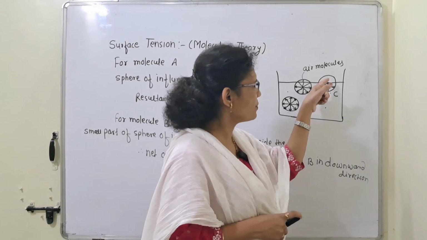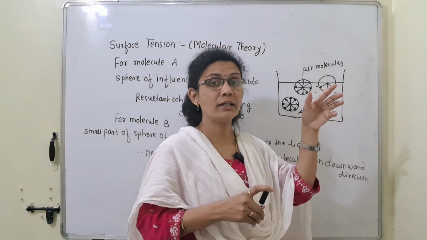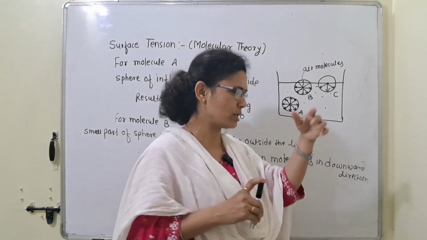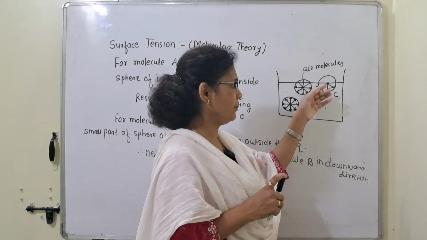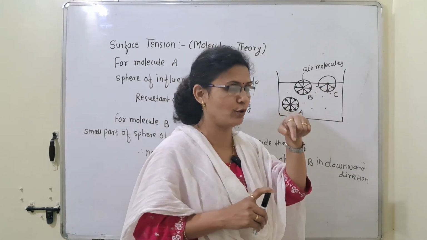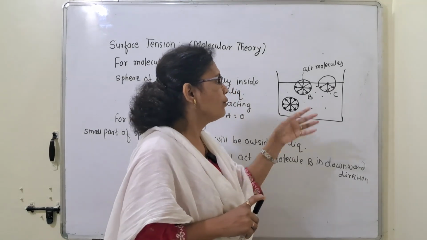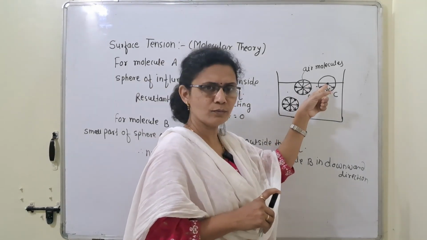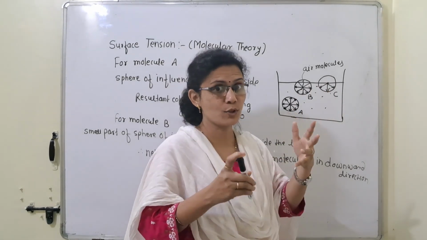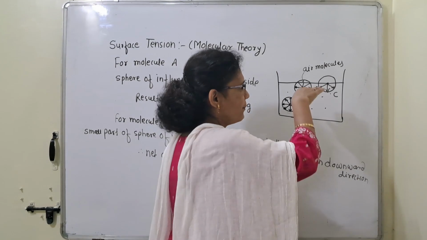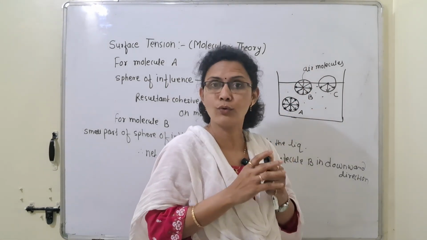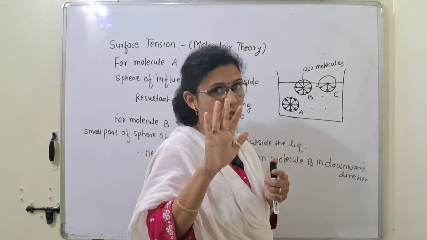See, half part of sphere of influence is outside the liquid, but it contains air molecules. That air molecules exert adhesive force on this molecule C, and the molecules present inside the liquid in the other half part of the sphere of influence will act on this molecule C. Some students will think that half part is outside, half part is inside, means that will get balanced and no force will act on this molecule C, but that is not the case.